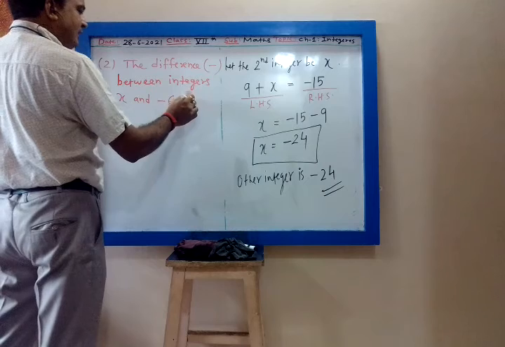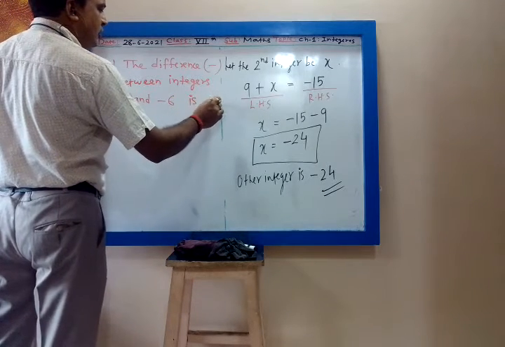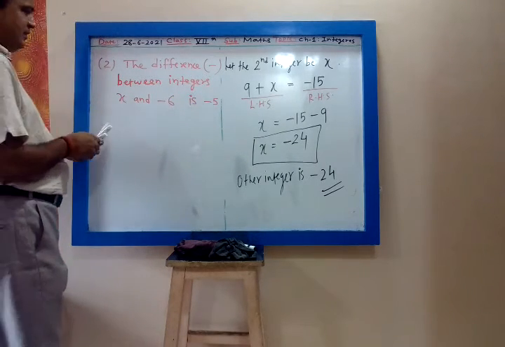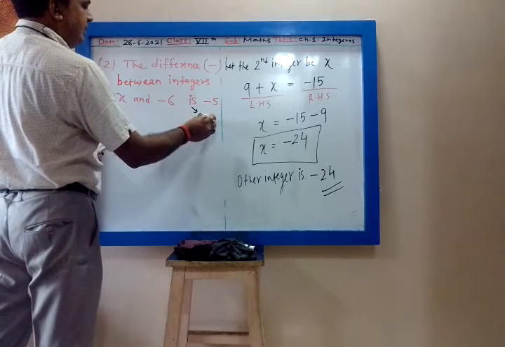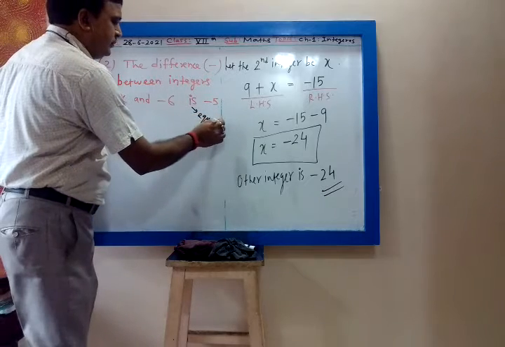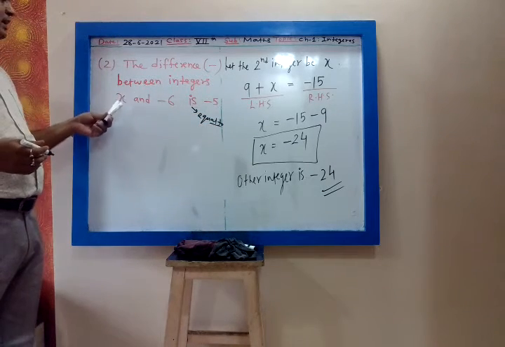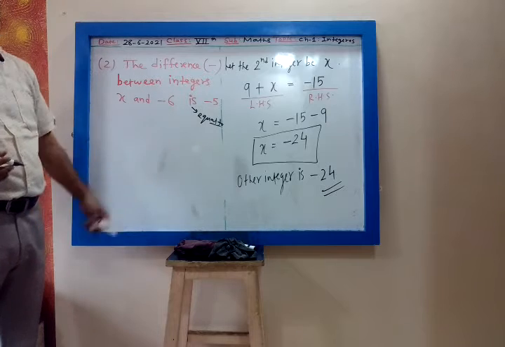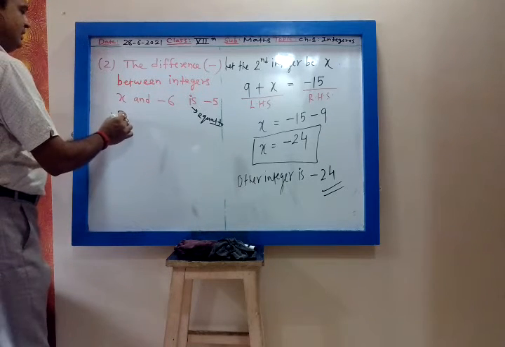Is means equal to. You always remember, in mathematics, is means equal to. So the difference between two integers x and minus 6 is minus 5. Find the value of x.